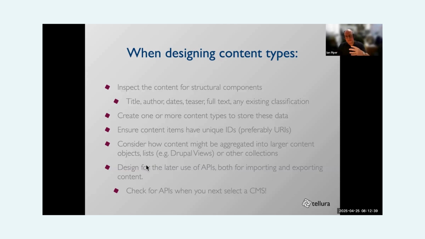Once you've inspected, that tells you the granular atomic components in your content object that you want to take hold of. And each of those, incidentally, could be subject to classification against a taxonomy. Then you create within your content system content types. And as I'll explain in a moment, alongside a content type, you create an information model that gives you an RDF representation of that content type.